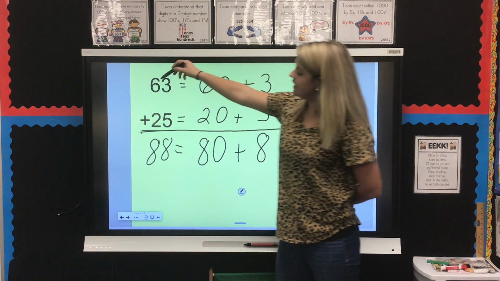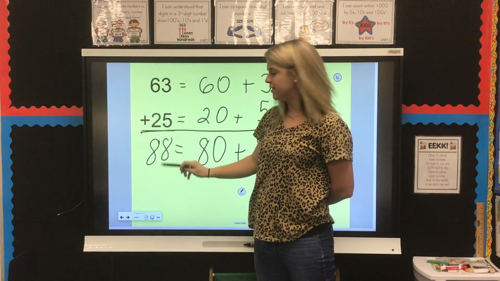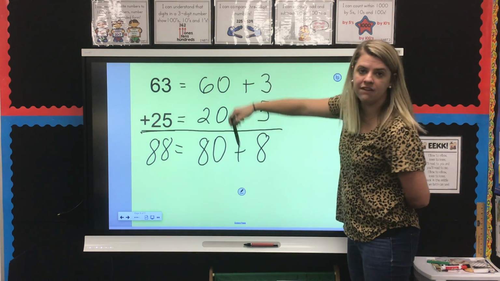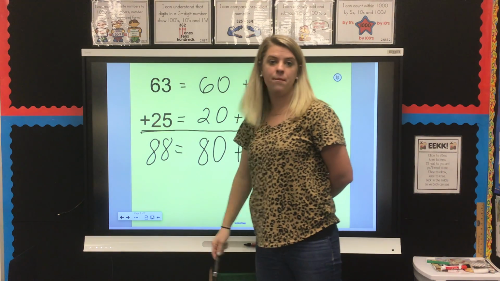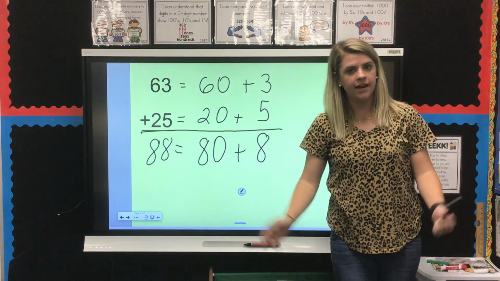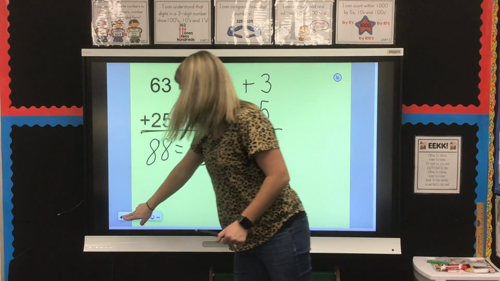So we know that 63 plus 25 equals 88. And we did that by decomposing it first and then putting it back into standard form. Let's try another one. So erase your board.